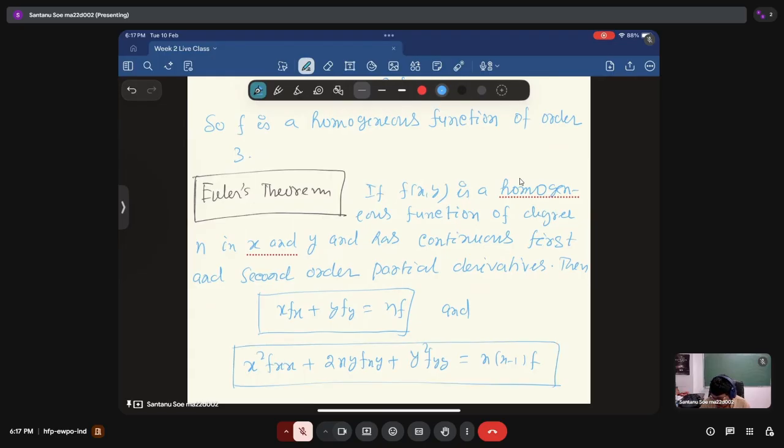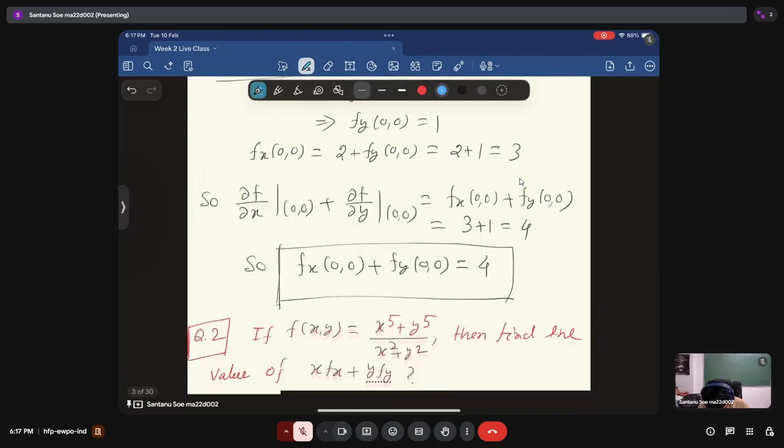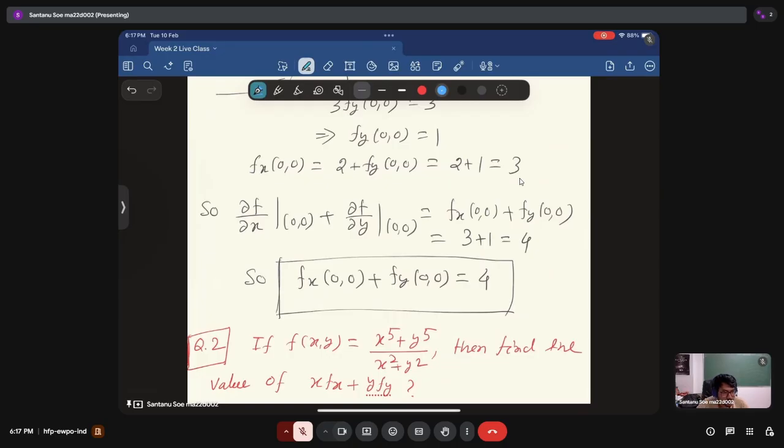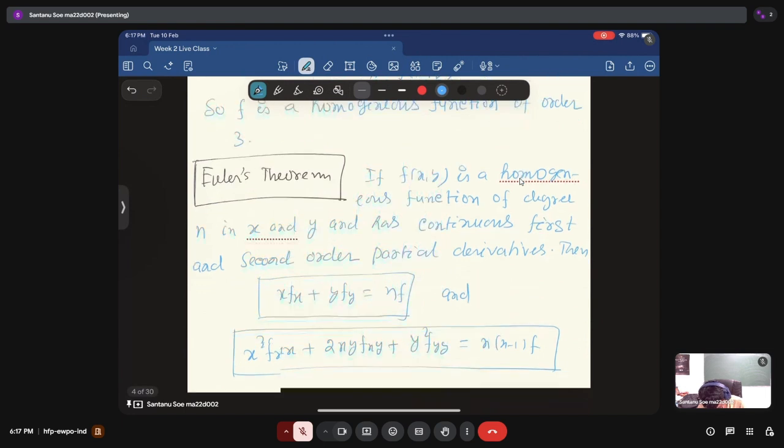Now since in the question they've asked what is x f_x plus y f_y, that's why we're going to use the first theorem, this one.